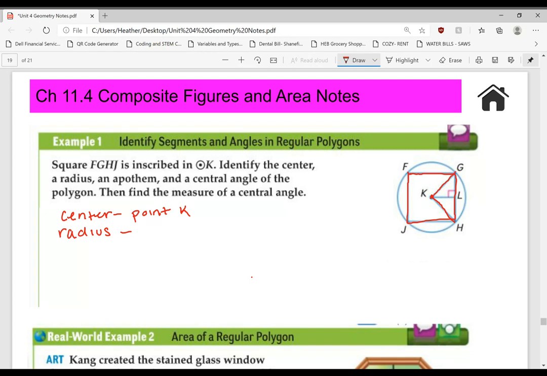So does K to G. So it's going to be KH or KG. The apothem is going to be KL, because it's the inside radius of that inside figure. So KL.